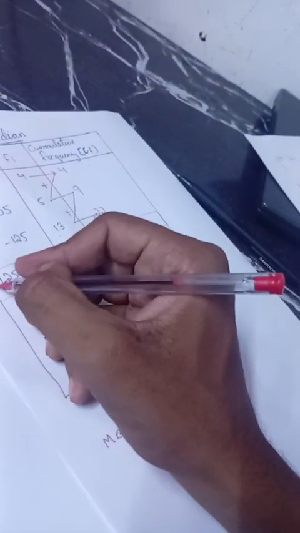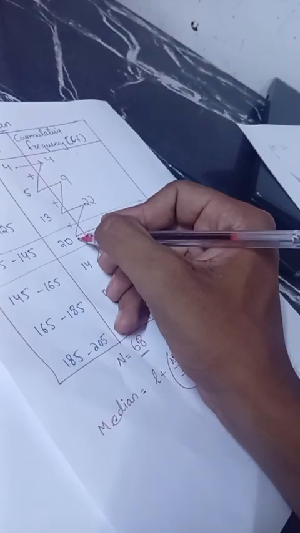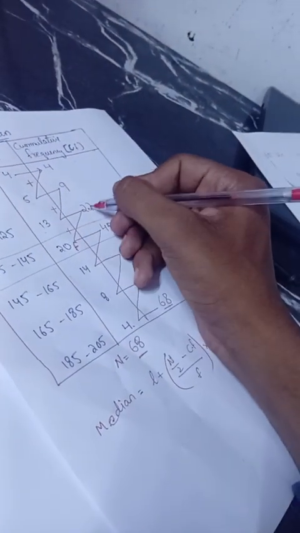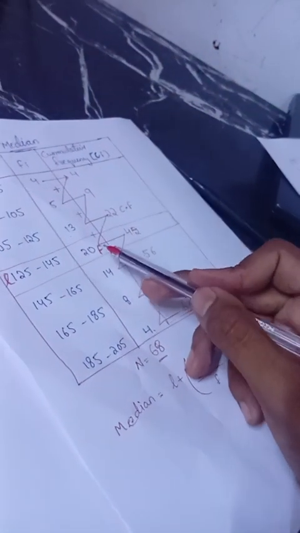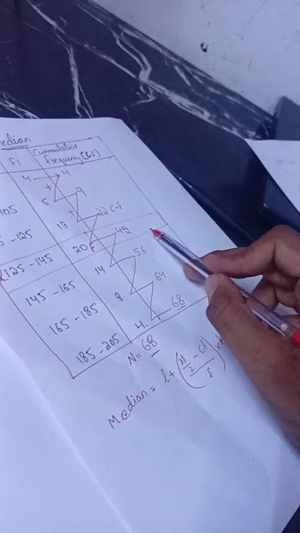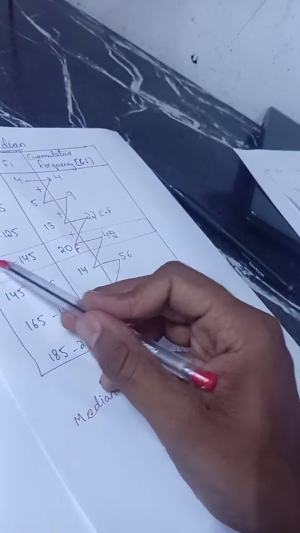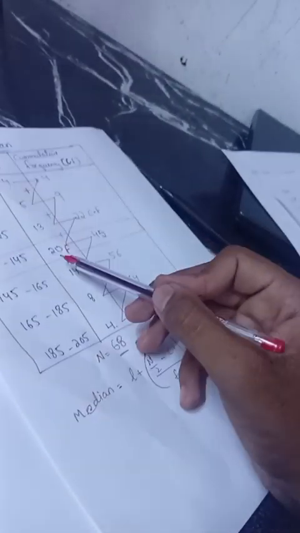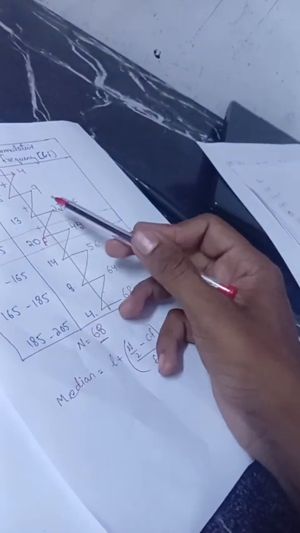So this will be your L, this is f, and just above the f, whatever is there, will be your CF. Whatever value you get in the middle, make a box; its lower boundary, 125, is L, whatever is in the fi column next to it will be your f, and just above the f is the CF.